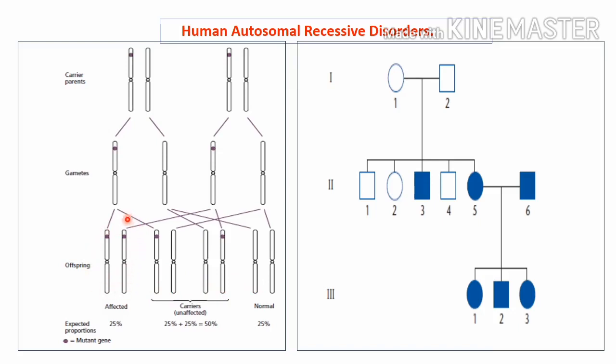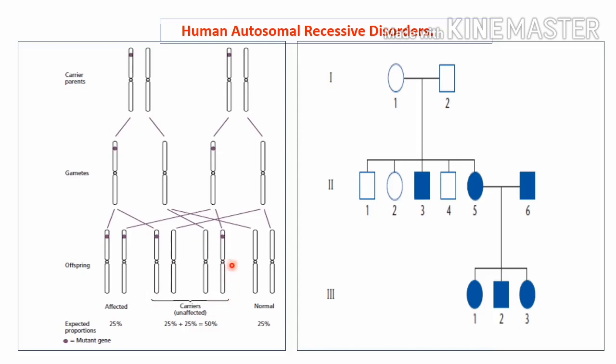This individual is now homozygous for the diseased gene, meaning both chromosomes have the diseased gene, so this individual has become homozygous for this recessive mutated gene, and this individual will be affected.